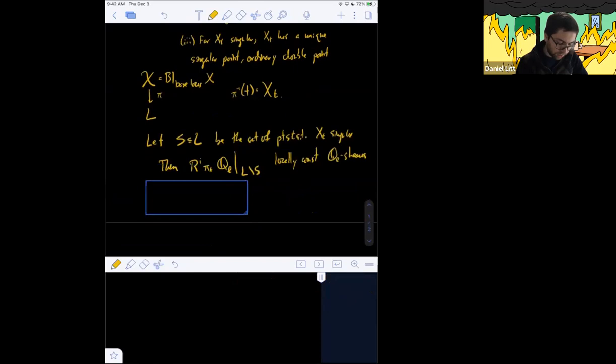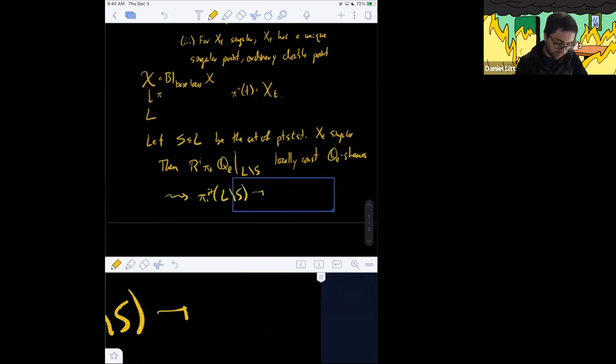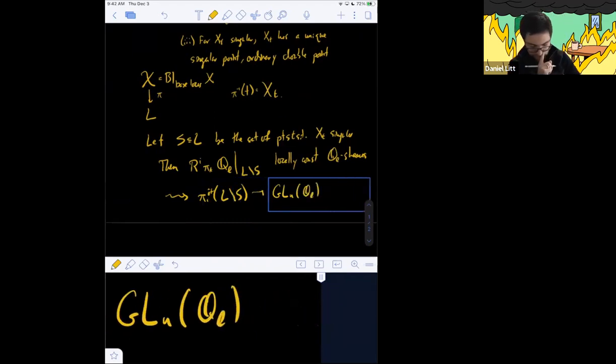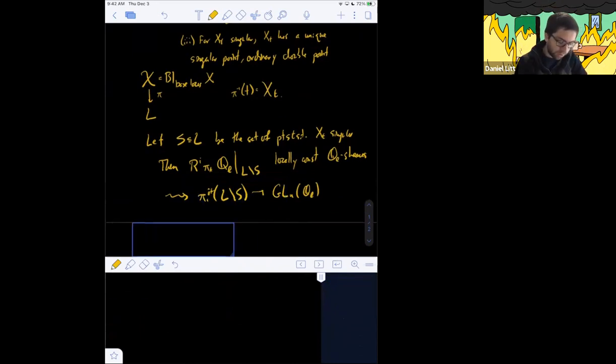So they correspond to representations of pi1 étale of L minus S into GL_N(Q_l). We wanted to understand these representations. The observation was that the group pi1 of L minus S contains some special subgroups, which are well-defined up to conjugacy. Those were called the inertia subgroups.